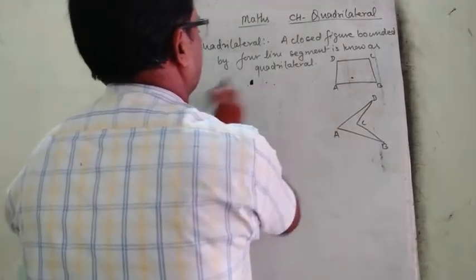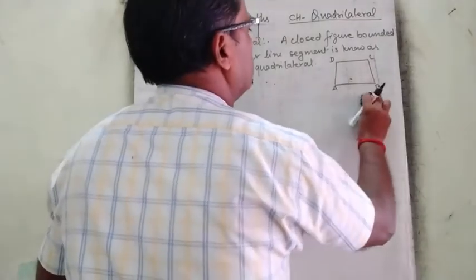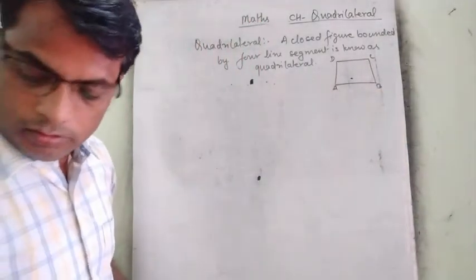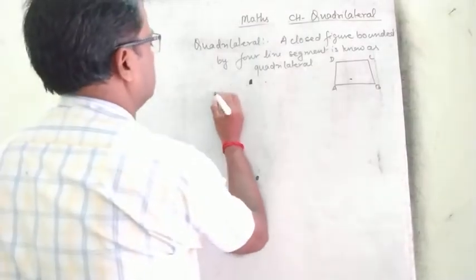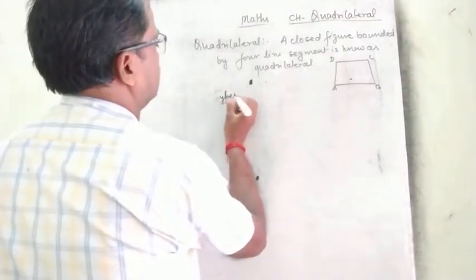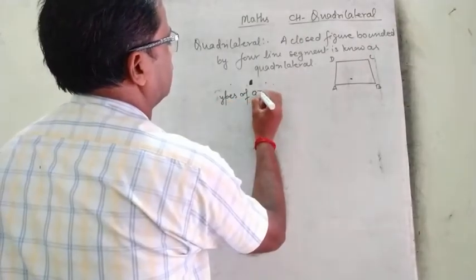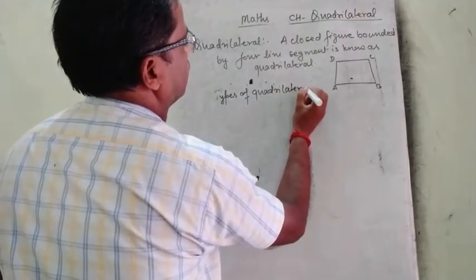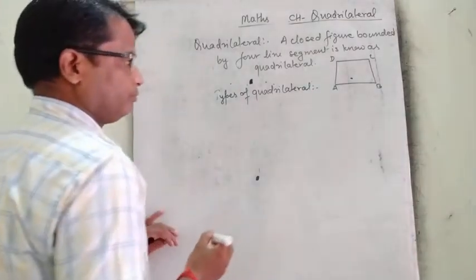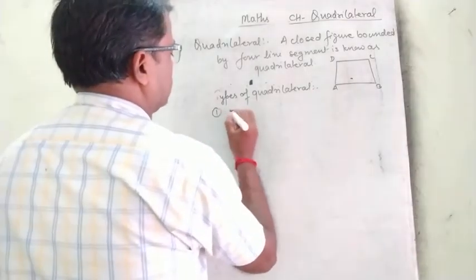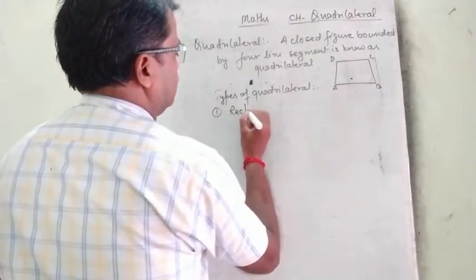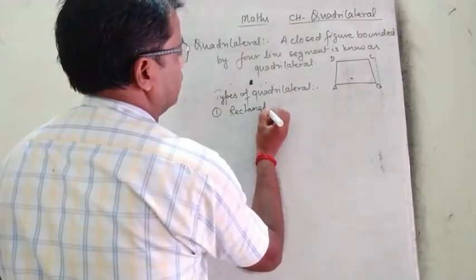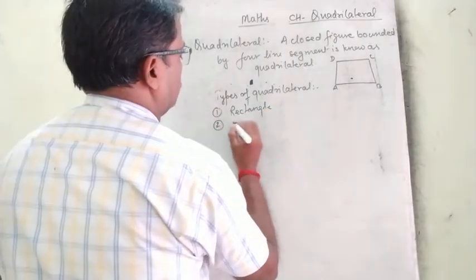Types of quadrilateral. First, rectangle. Second, parallelogram.